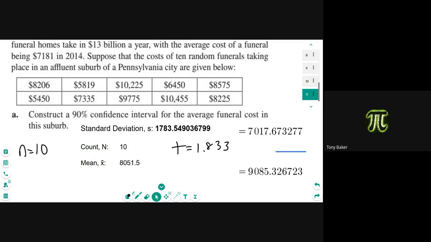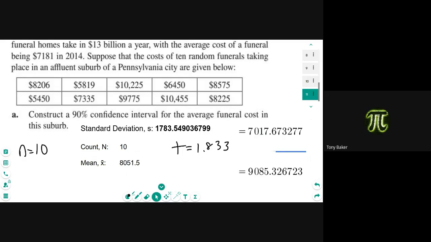It's saying I'm 90% confident. The mean is only one number. I got my mean of my sample was 8051. Based on that and the information we've got, I know my actual mean, if I looked at them all, should be somewhere, or I'm 90% confident that it's somewhere between 70.17 and 90.85.